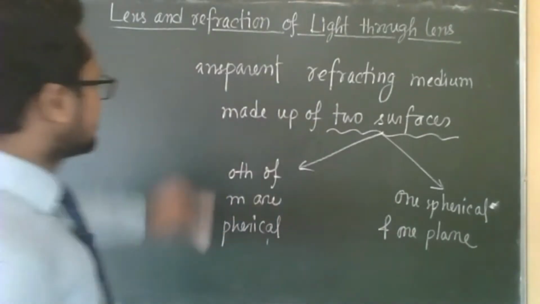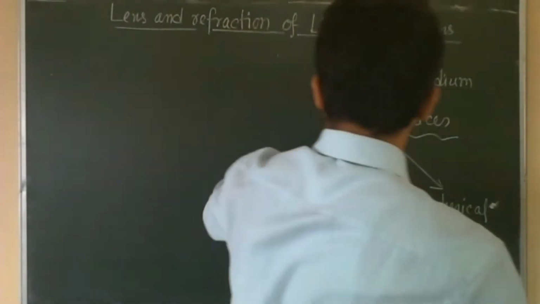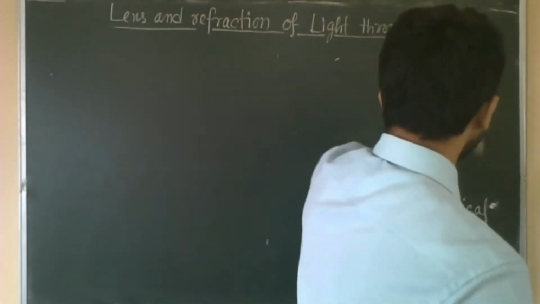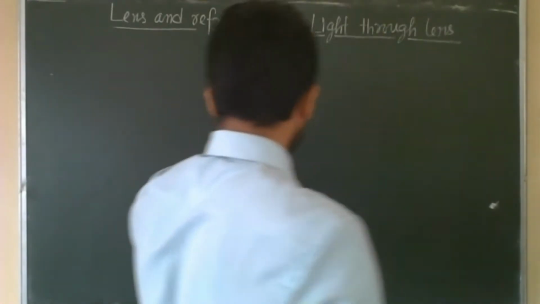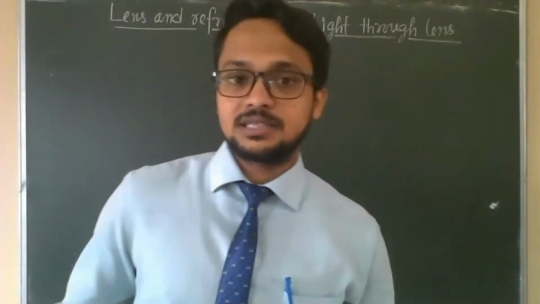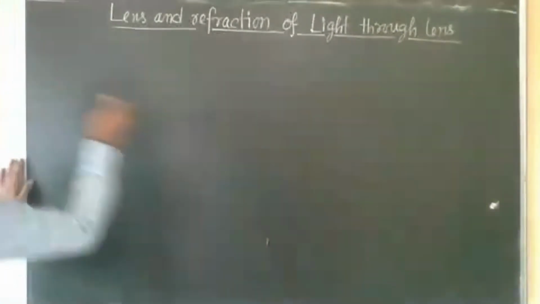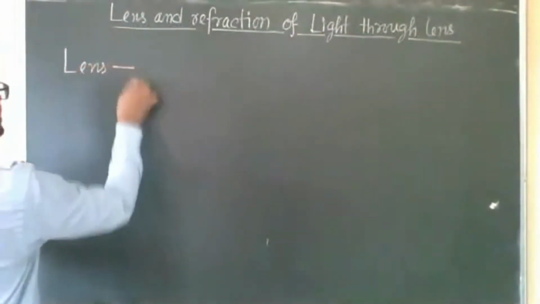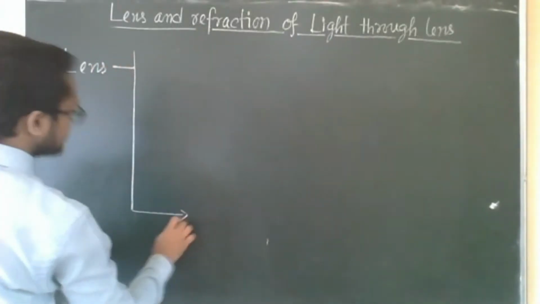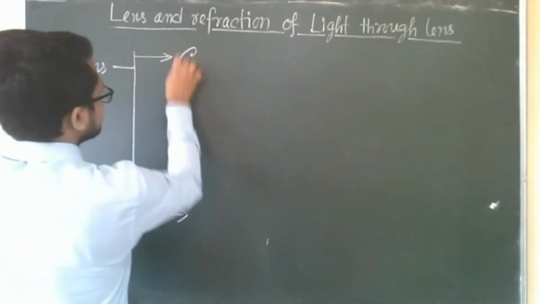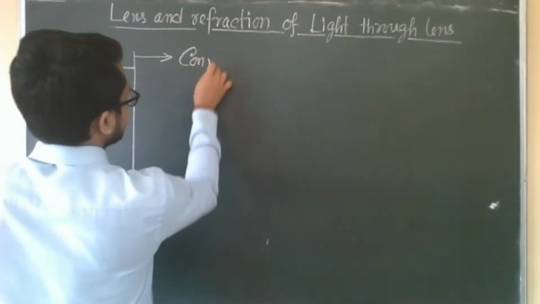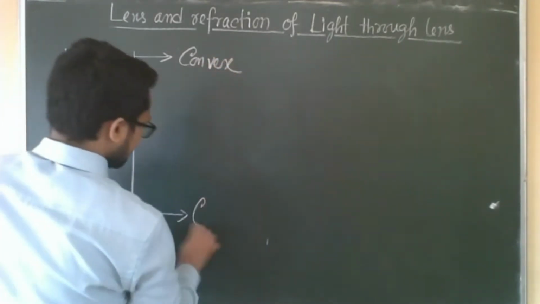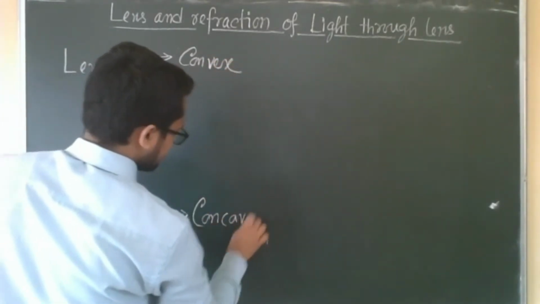There are two kinds of lenses. As we saw with spherical mirrors in class 9, one was convex and another was concave. Here also for lenses there are two kinds: the convex lens and the concave lens.